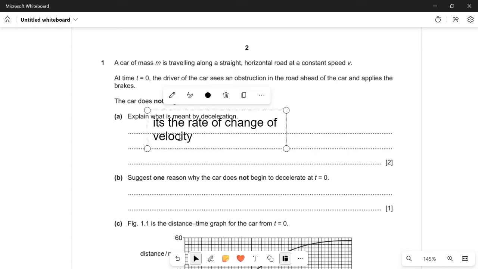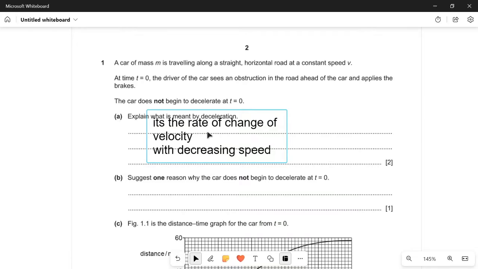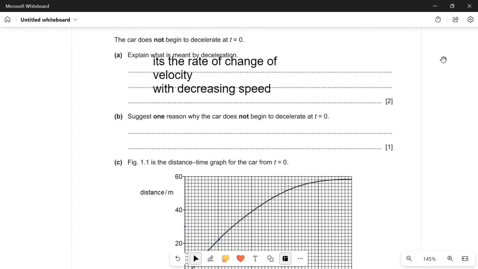That's going to get us 1 mark. And then to get the other mark, we can write with decreasing speed. So that's how we define deceleration: the rate of change of velocity with decreasing speed.